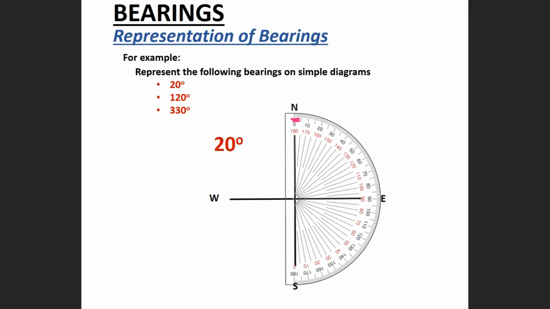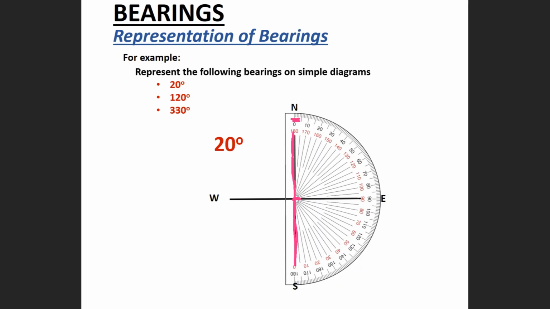So you have to turn your protractor a little bit so that it touches the vertical line, then place the midpoint of your protractor at the point of intersection between the horizontal and vertical line.